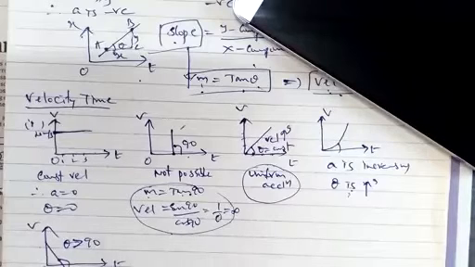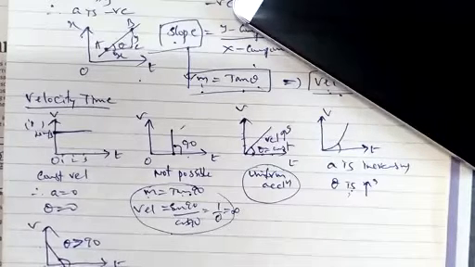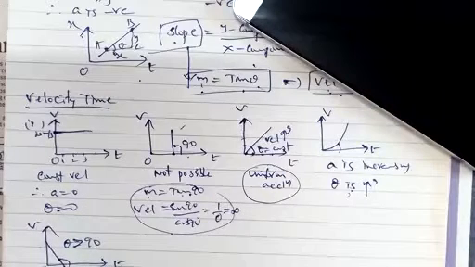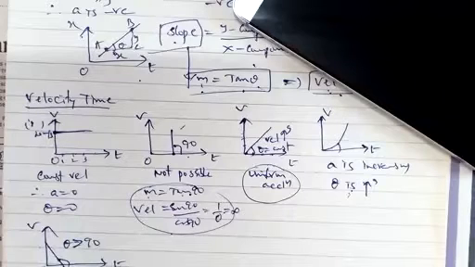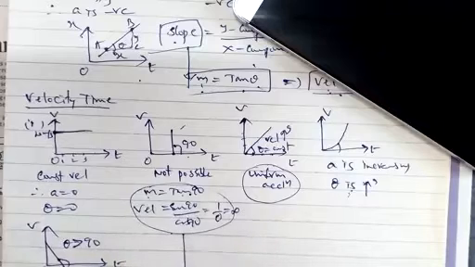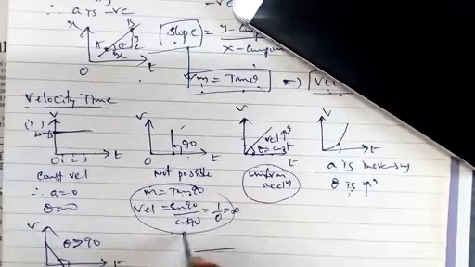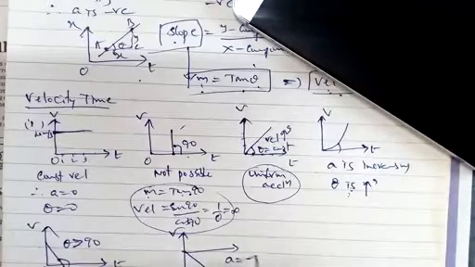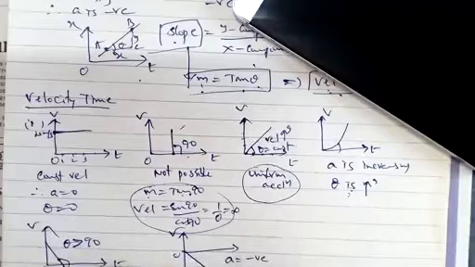Even if the velocity is in the downward direction, we can say acceleration is negative, but it is constant. Acceleration is negative, but we can say it is a constant. Means your graph is coming like this here. This is velocity and this one is time. In this, acceleration is negative because velocity is decreasing.